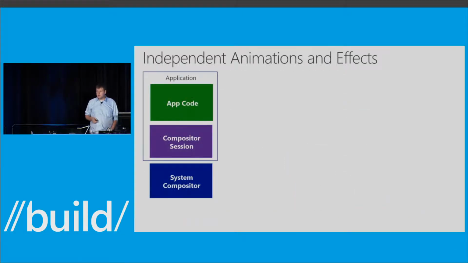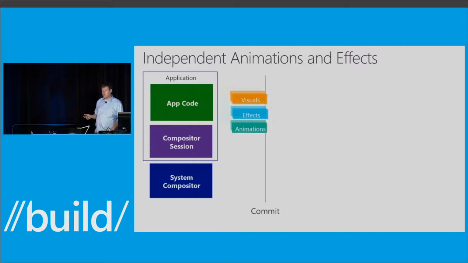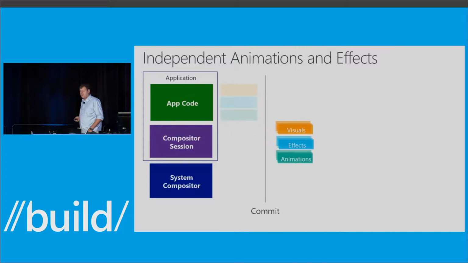The last concept I want to touch on is where some of these different objects and things execute. So when you go ahead and create visuals, define your effects, and run animations, you'll do so within a compositor session. After you've done the set of operations, a commit will occur, and then within that compositor session, the set of operations will be optimized.